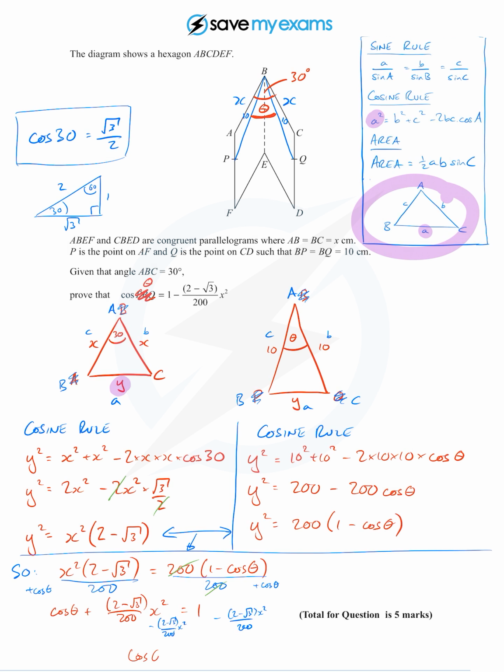Cos theta is equal to 1 minus 2 minus root 3 x squared over 200. And we're done. That isn't easy, but it is possible. If you go back and have a look at it, all we've done is use the cosine rule twice, but we've had to be very careful.